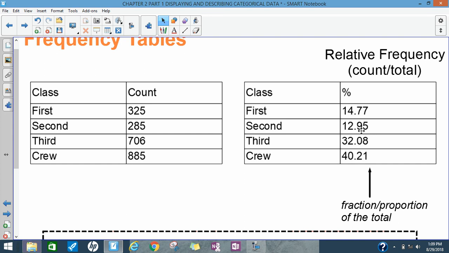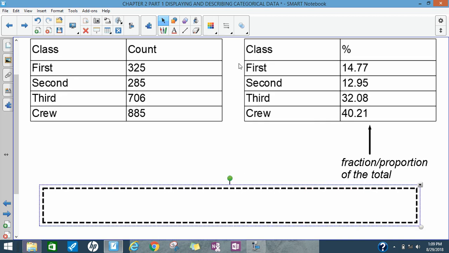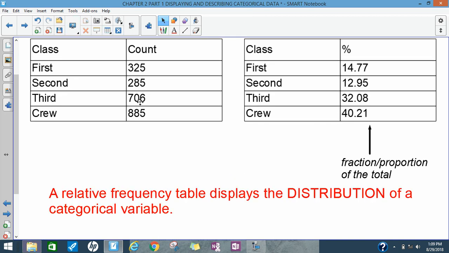There were approximately 13% second class passengers, 32% third class, and close to 15% first class. And so what this relative frequency table does, it gives us a distribution of that categorical variable. So we can see just how the people were distributed according to what class they fit into.